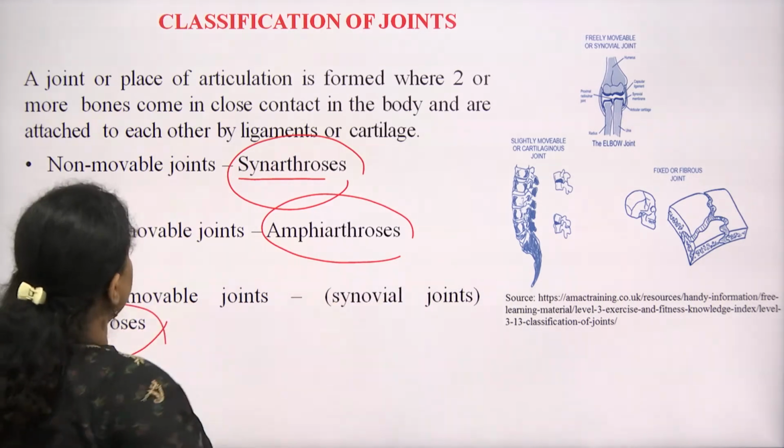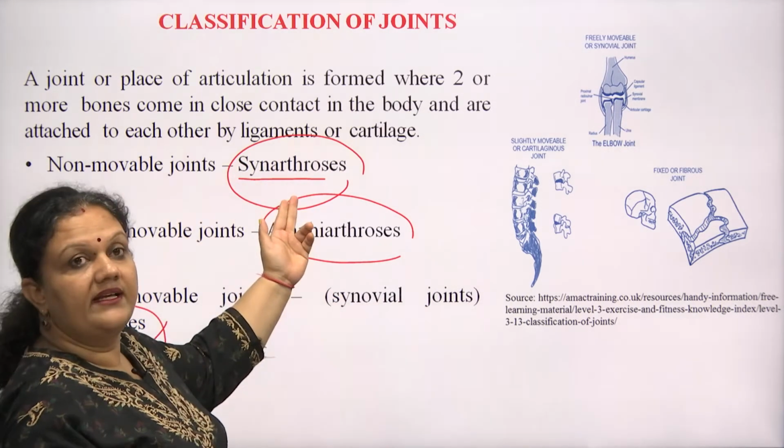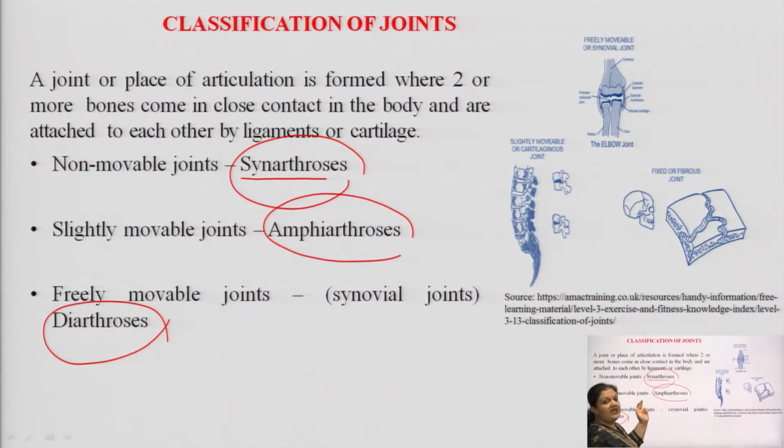Non-movable joints means synarthrosis. Slightly or partially movable joints are known as amphiarthrosis, and the third one is the freely movable joint, which shows movement or bending in any direction. It is known as diarthrosis.